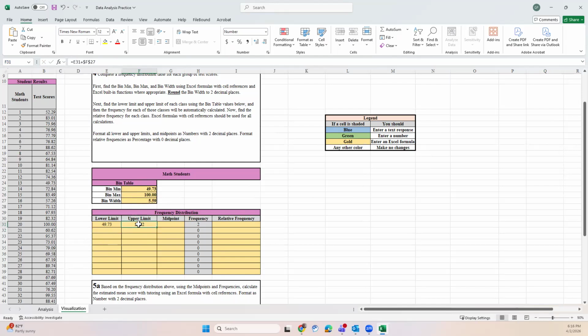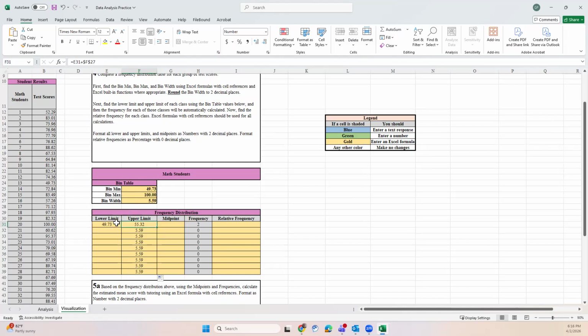And now the great thing is this formula is copyable. I can double click or drag it. I'm going to double click. I know it came out with some weird numbers, that's fine, doesn't matter to me. This came out fine. So I need to look at what my lower limit is. This lower limit started at my minimum.